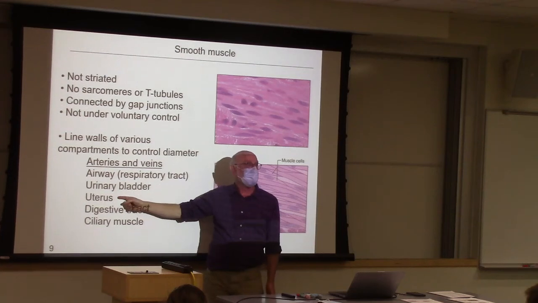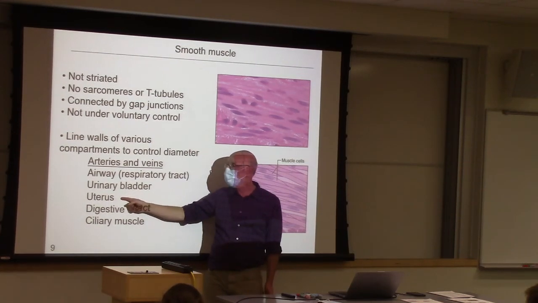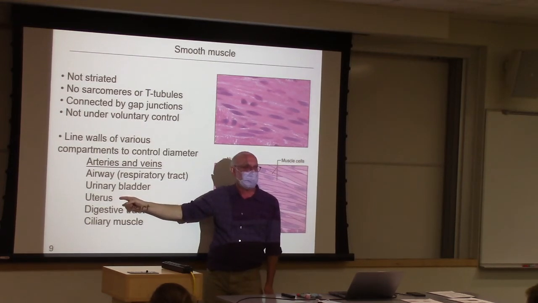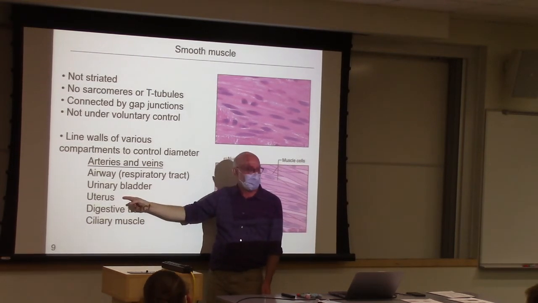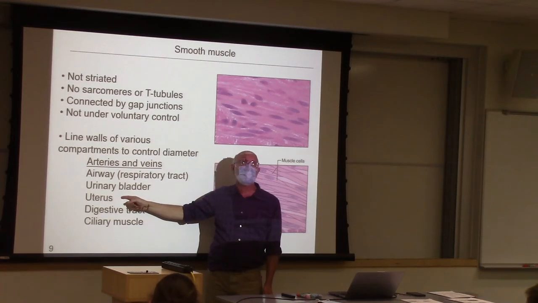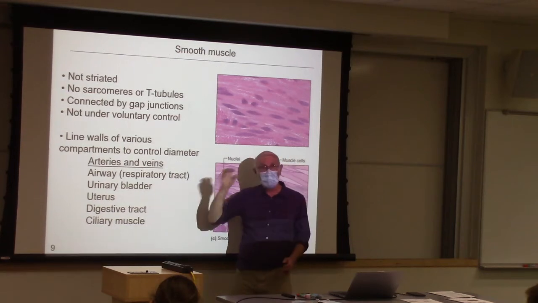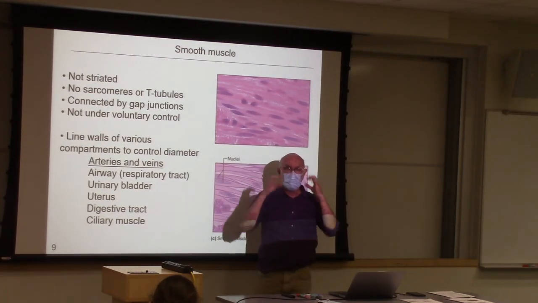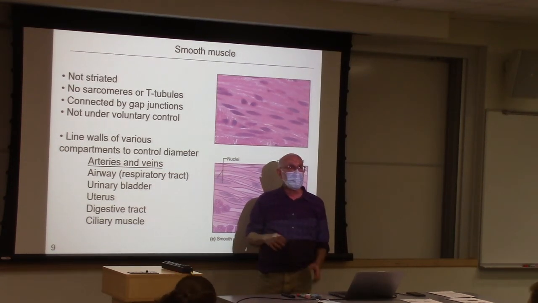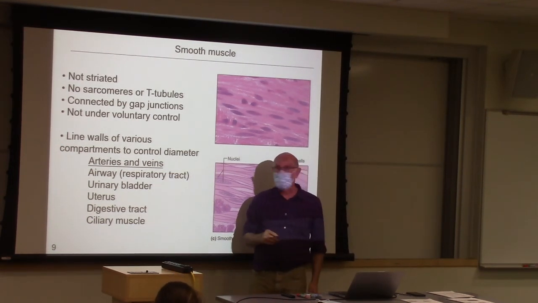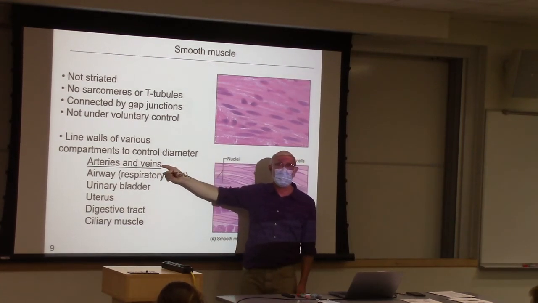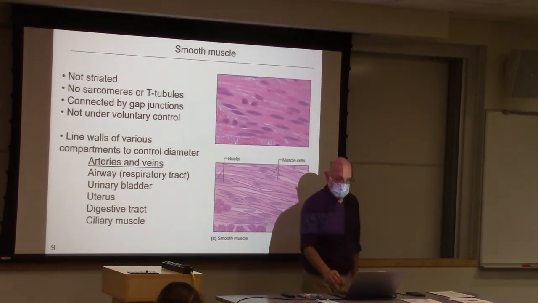We don't talk about the uterus in this course, but this might be the strongest muscle in your body, in some of your bodies, not in all of your bodies. Some of you have a uterus that has smooth muscle that is extremely strong. The ciliary muscle in your eye is smooth muscle, the thing that controls the pupil diameter and the tension on the lens is smooth muscle. Anyway, the ones we're focusing on right now are the smooth muscle that controls the diameter of arteries and veins.